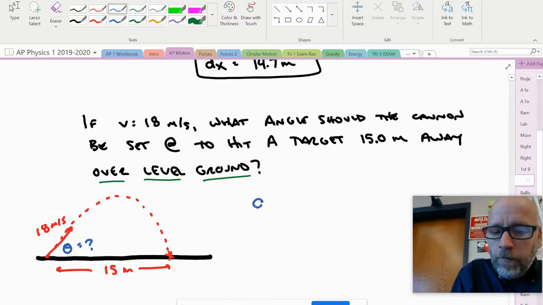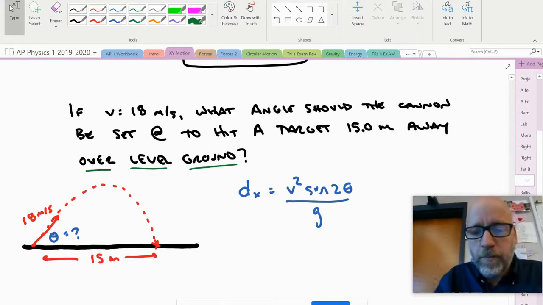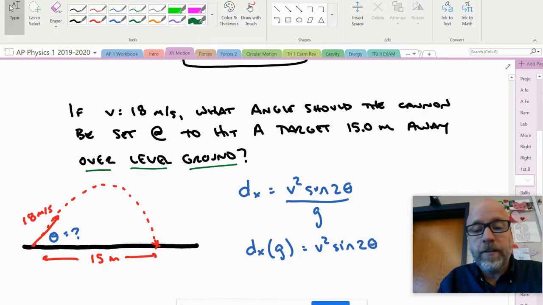So our formula: dx equals v squared sine of 2 theta over g. Let's get theta all alone, and that's a bit of a process. I'm going to first multiply both sides by g. I'm then going to divide by v squared.